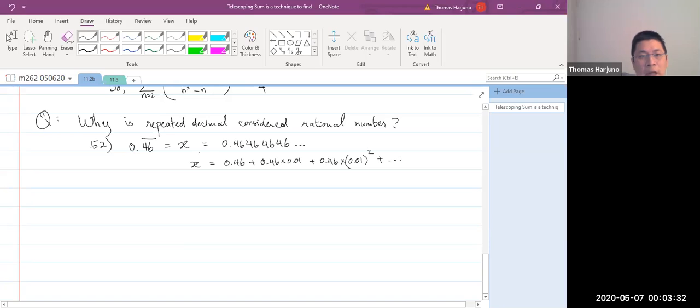Now notice that we can rewrite this as the first term 0.46, the ratio is 0.01 to the n minus 1, from 1 to infinity. Do you notice that? So this is now equal to the first term 0.46 times 1 over 1 minus 0.01.